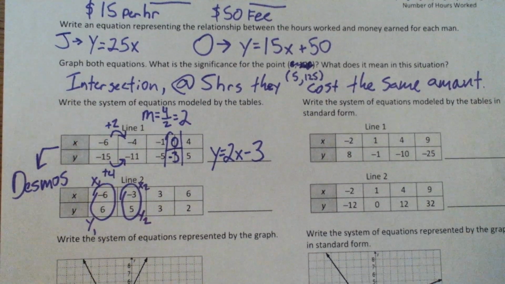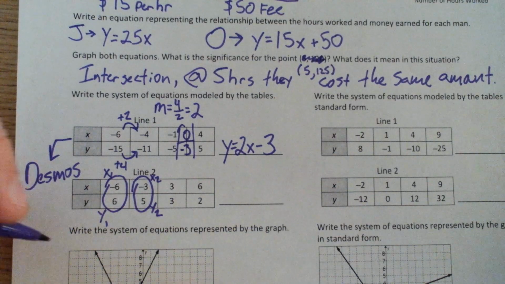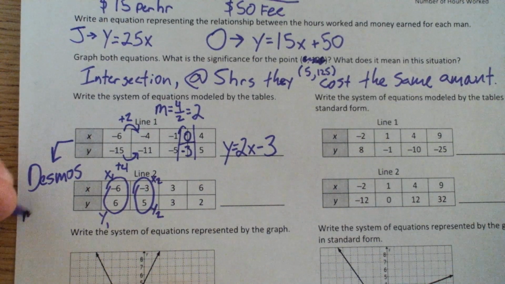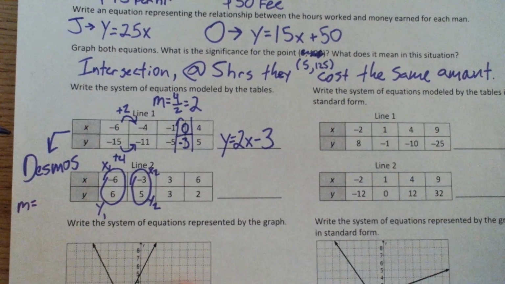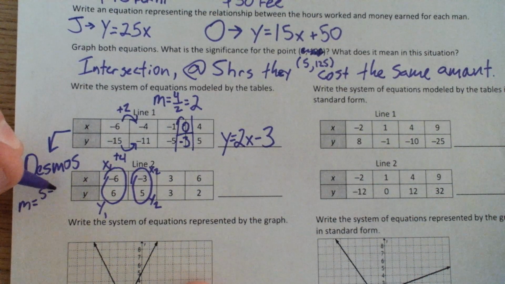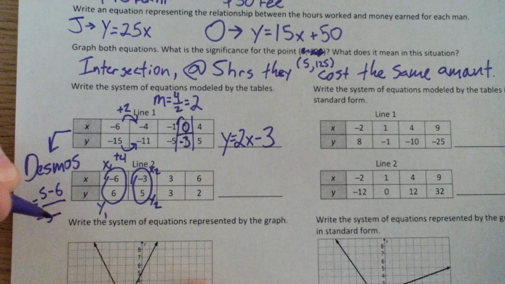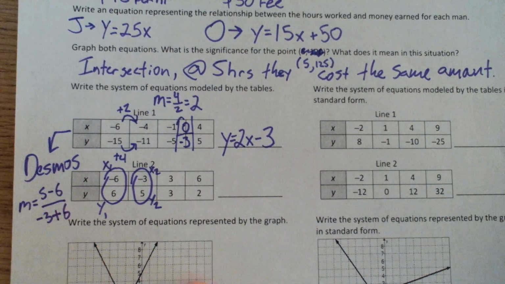Those are 2 points that are on my table, and I could just do for slope equals y2, so 5 minus y1, which is 6, over negative 3 minus negative 6.